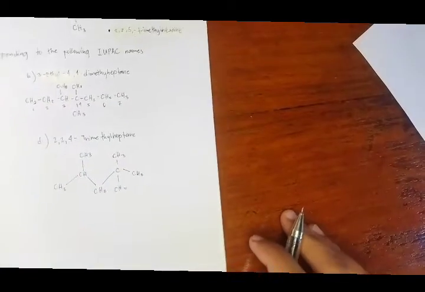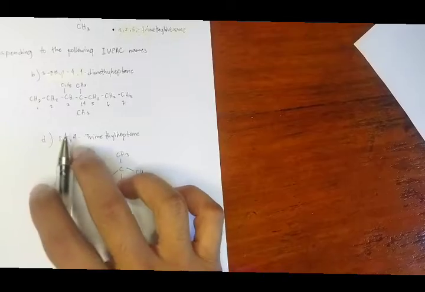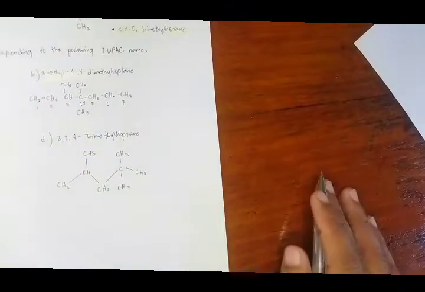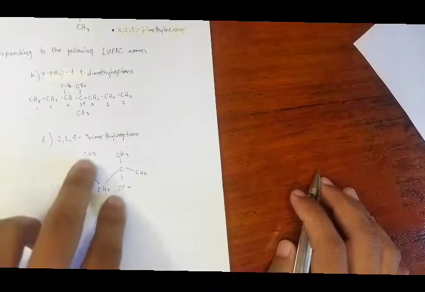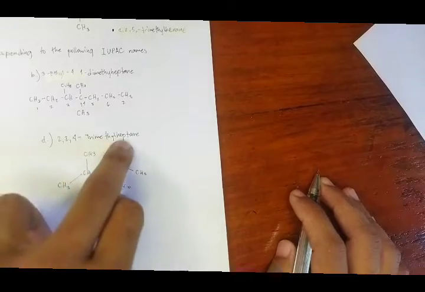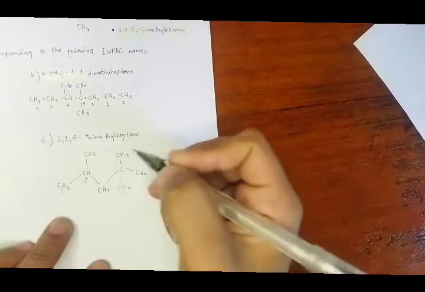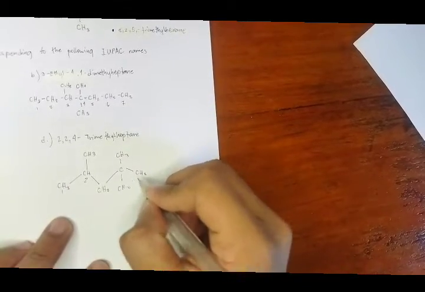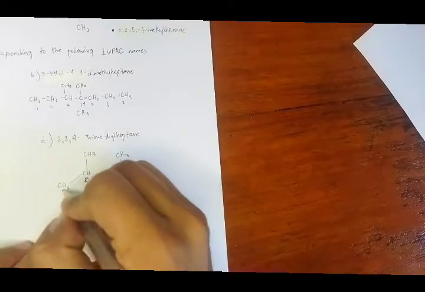And the last one, we have here the letter D, the 2,2,4-trimethyl heptane. So again, methyl stands for CH3. So since this is heptane, that will be 7 chain. We have here 1, 2, 3, 4, 5.